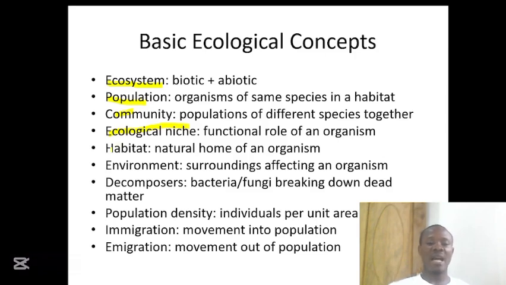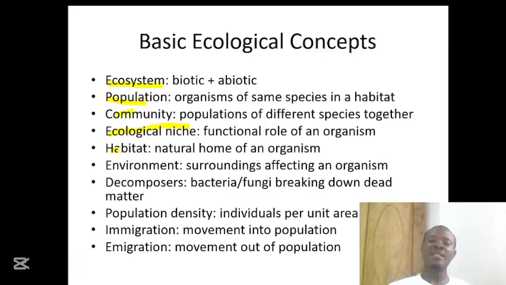And we have the habitat. Habitat is talking about the natural home of an organism. For example, we know humans, our natural home is what? Land, terrestrial. Although we have marine specialists who are in water all the time, that is not their natural habitat.